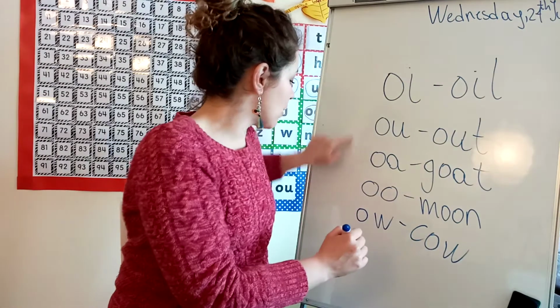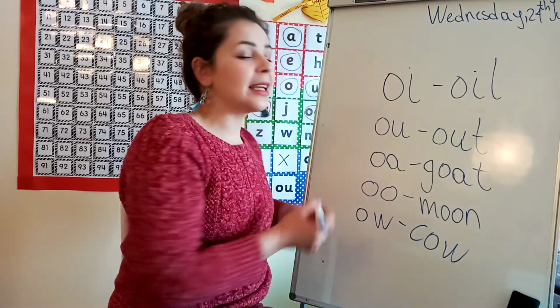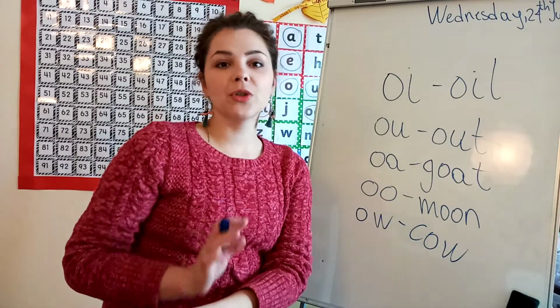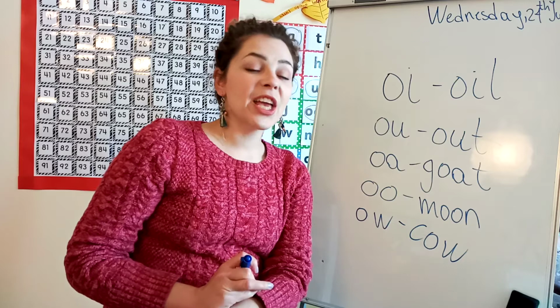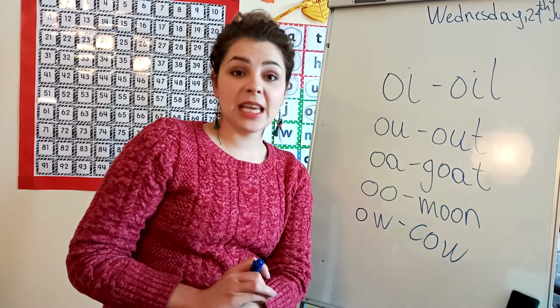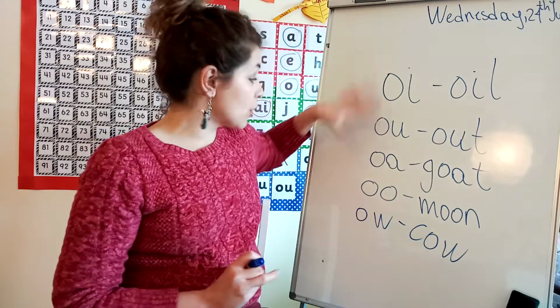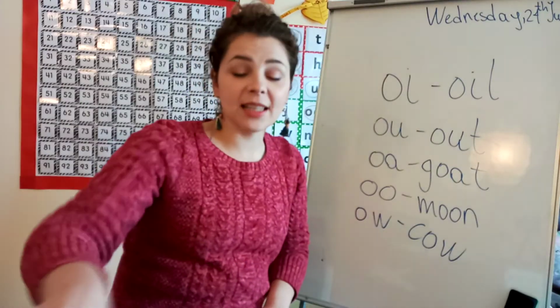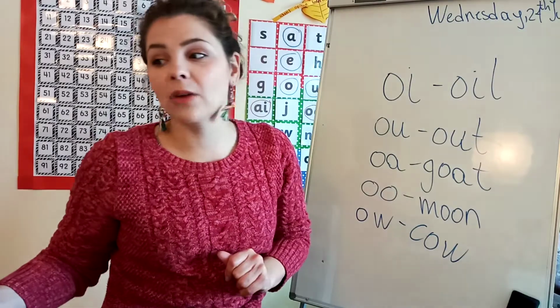So the same sound as this one, but different spelling. You're going to do a little exercise to see if you can tell the difference between these sounds. They look similar, but they sound quite different.